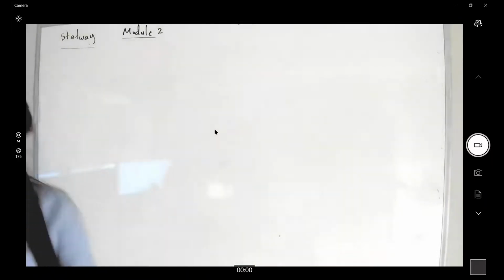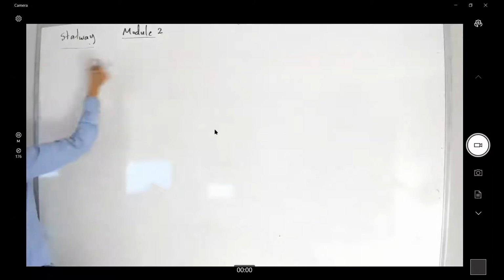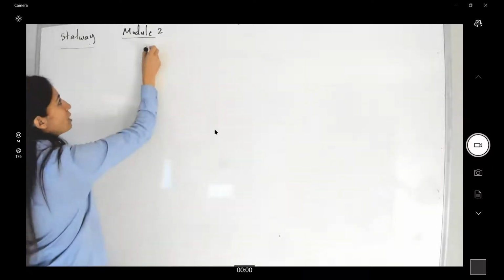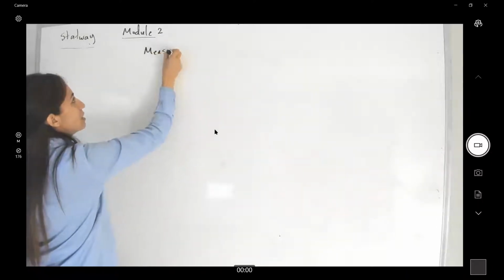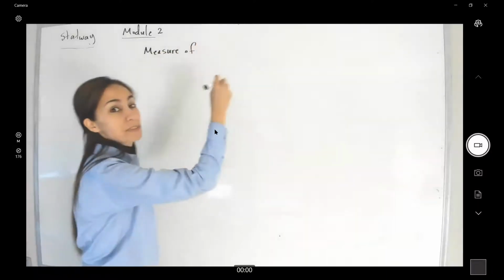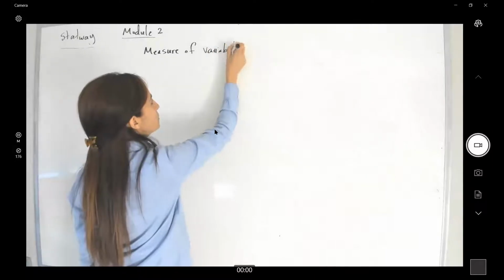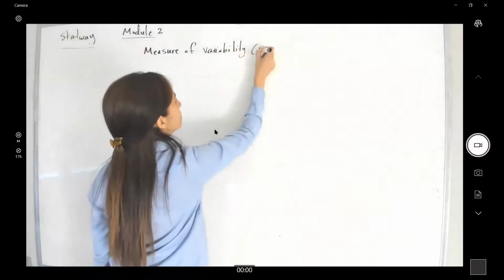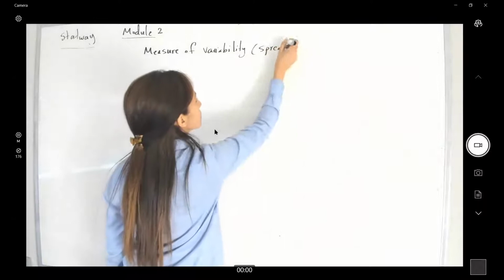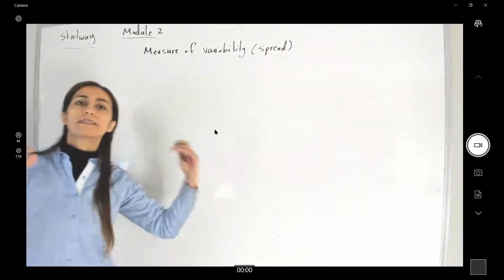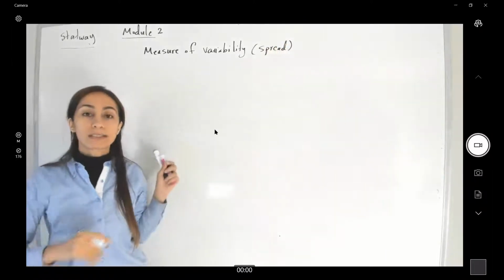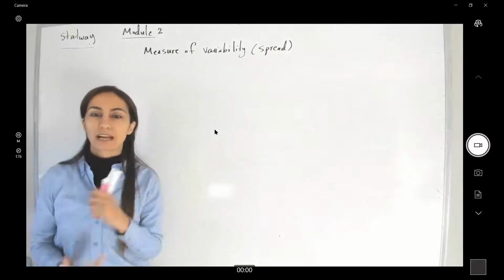So when it comes to measure of variability, measure of spread, we either deal with the very smallest and very largest value in our collection.